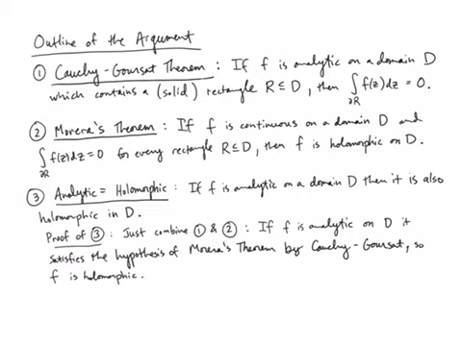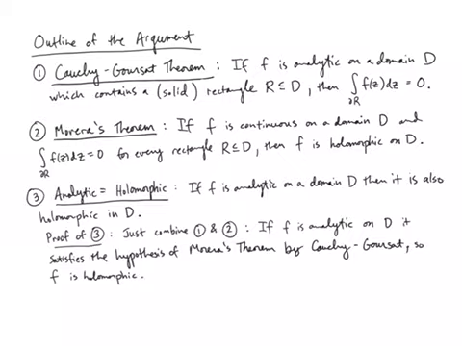Cauchy initially was always implicitly assuming that f prime is continuous, and it took about 50 or more years for Goursat to realize that one can remove the hypothesis that f prime is continuous and just work with the hypothesis that f is analytic, that f prime exists. This is Goursat's extension of Cauchy's result, that if you integrate around a closed curve, you get 0.